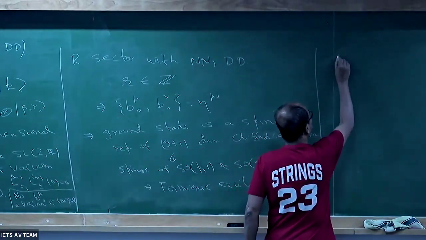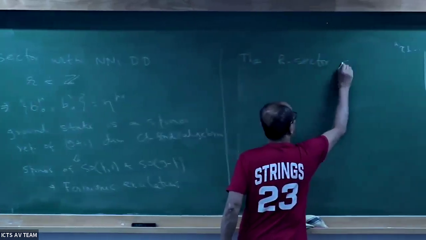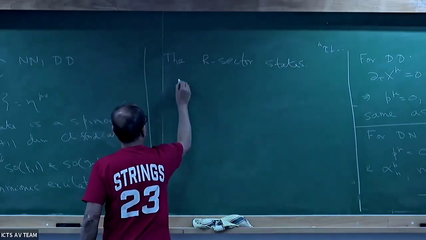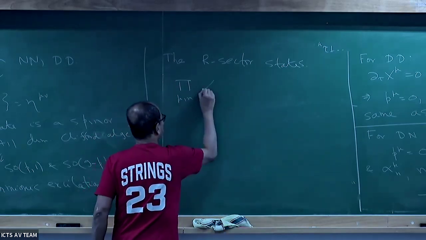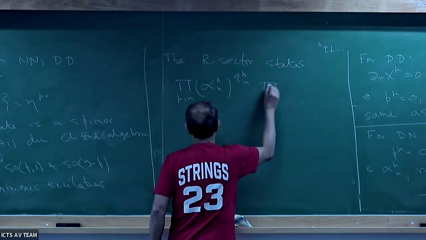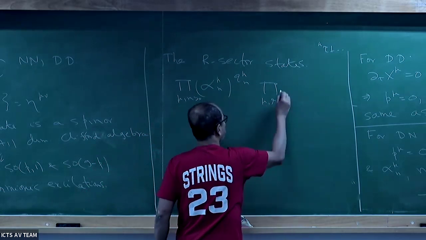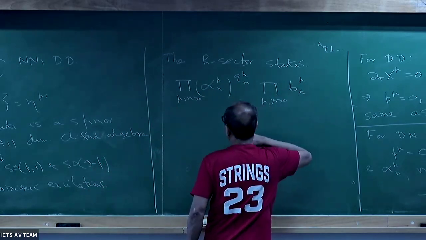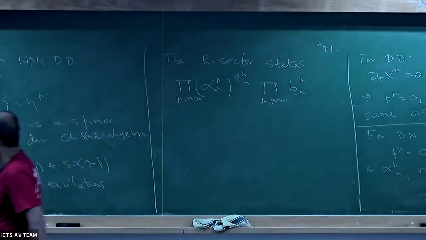So the R sector states will be given by the same kind of product. Sorry, if you put in minus, I should put minus there.